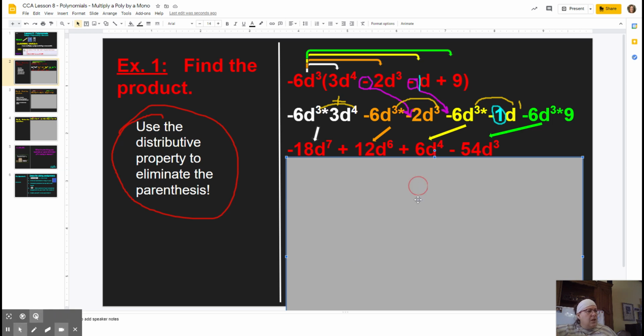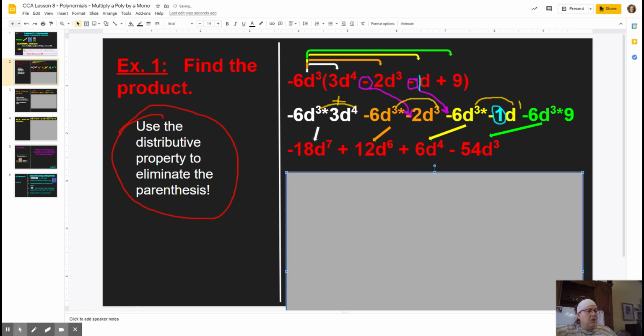Then what you do is you take a look at that line and you look to see if there are any additional like terms. So remember, the like term has to have not only the same base, meaning the same letter, they all have the same letter, but their exponents are different. So because their exponents are different, there isn't anything else that we can do to simplify this expression.